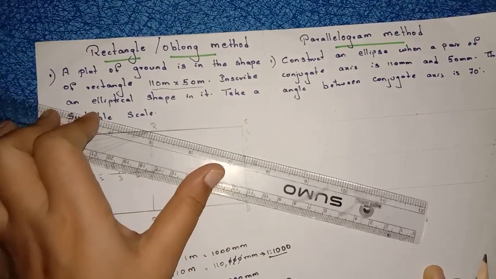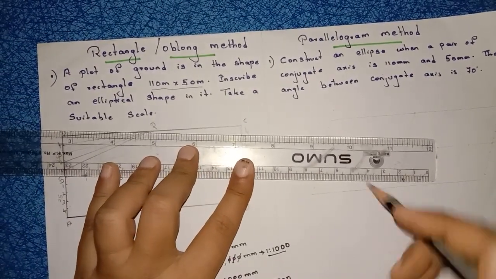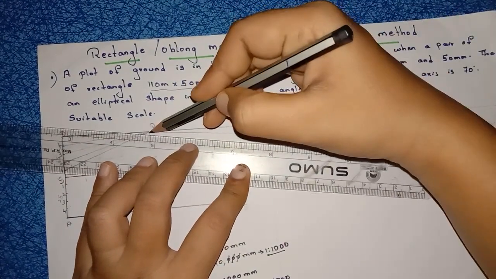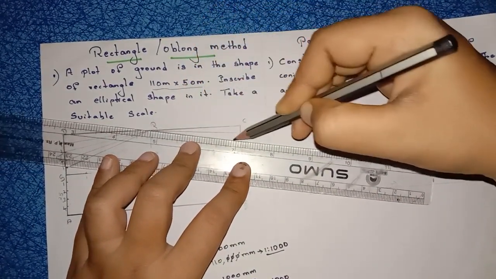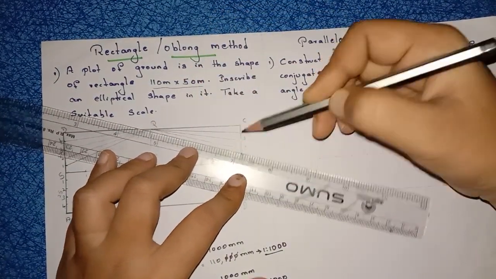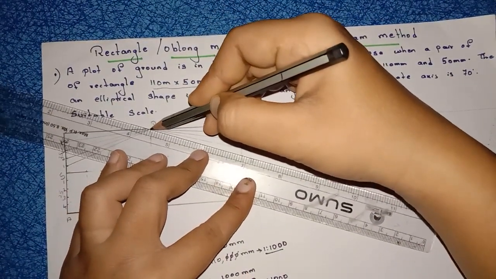Right, in a similar manner here also, R to the fourth point, R to the third point, R to the second point, here R to the first point.